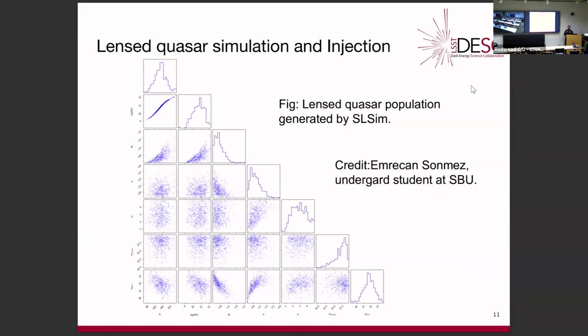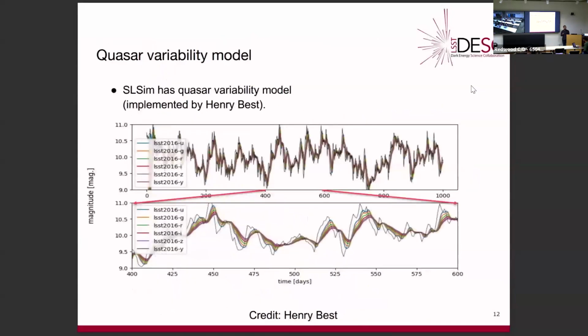To simulate time series images of a lensed quasar, you need a quasar variability model, and we have a quasar variability model in SLSim. This is implemented by Henry-Best. Here is an example of a quasar light curve generated using the quasar variability model that we have in SLSim.